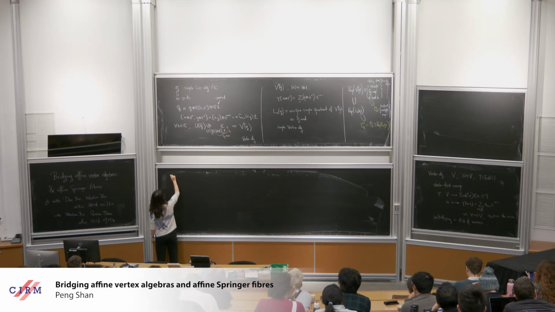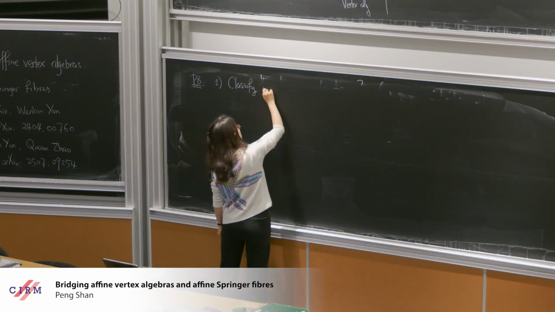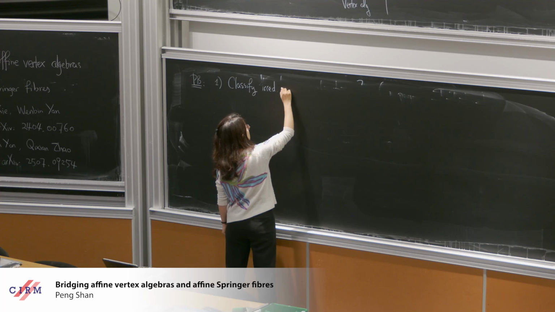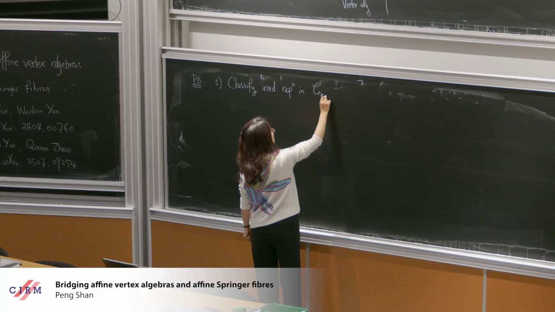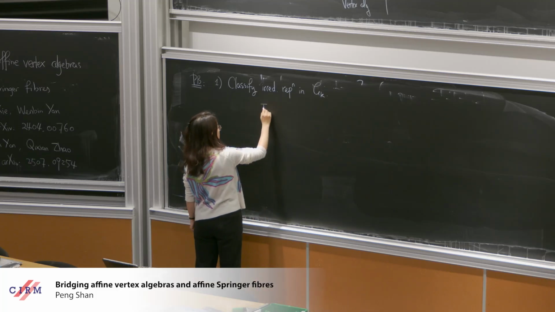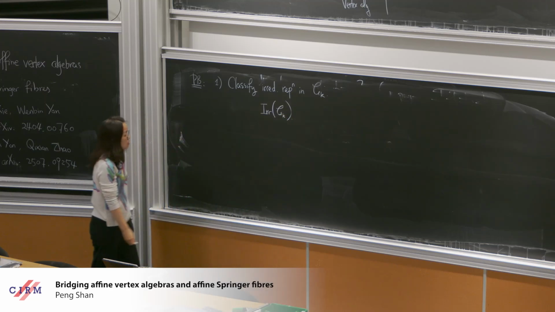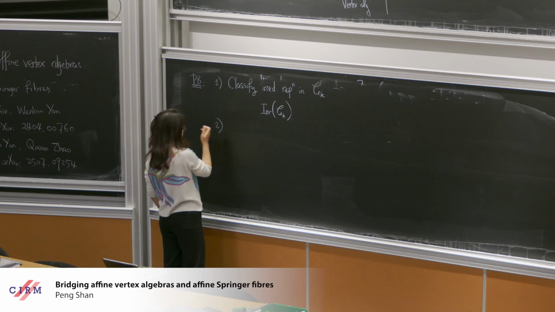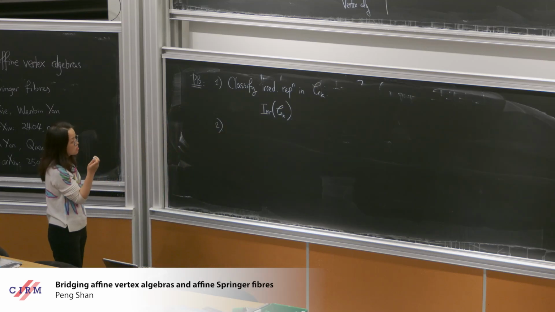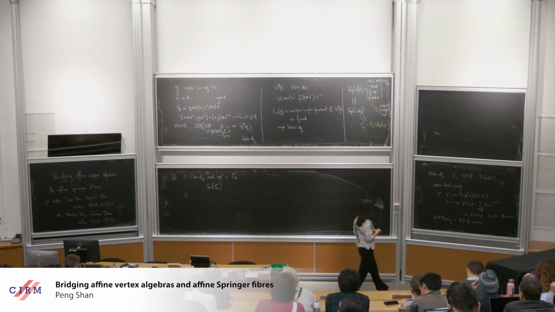First is to classify irreducible objects in this category C_k. This set I will denote by Irr(C_k). This is just the highest weight representations of L_kG. And a second problem is to describe the so-called associated variety of this L_kG.